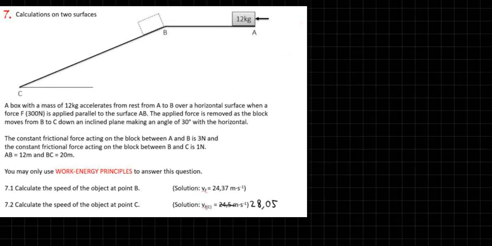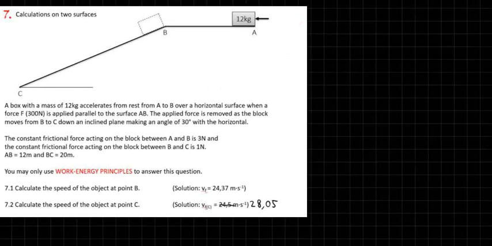The constant frictional force acting on the block between A and B is 3 Newton, and the constant frictional force acting on the block between B and C is 1 Newton. AB is equal to 12 meters and BC is equal to 20 meters.